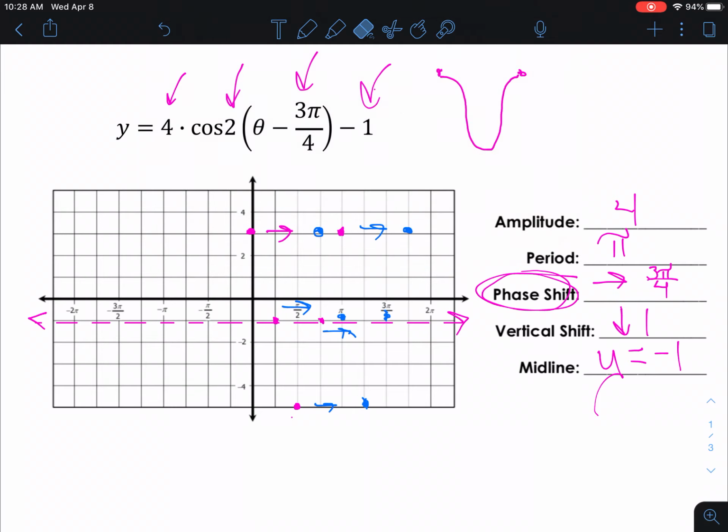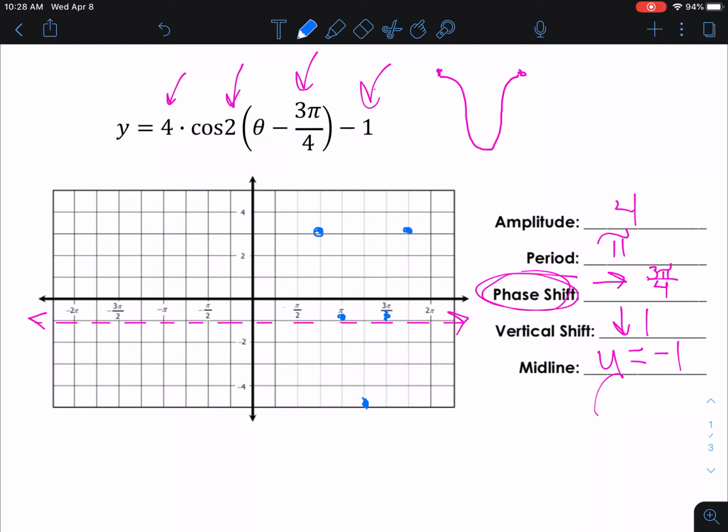Okay. So now what I want to do is go back and do a partial erase here and erase these pink dots that I have, and maybe my arrows that I made. Okay, so now we're going to finish making our dots.